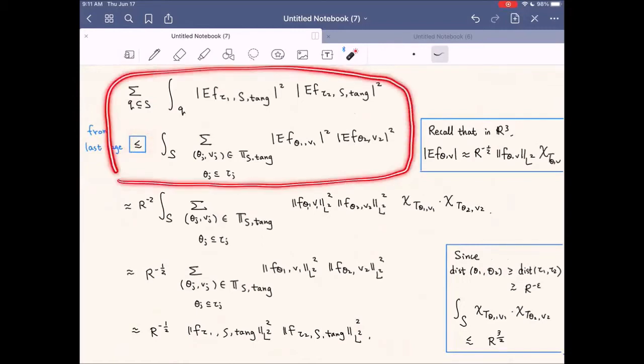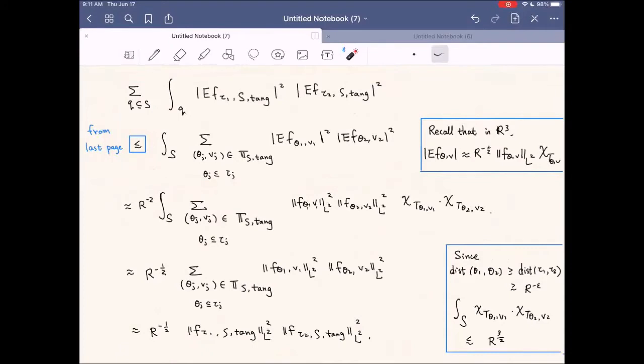From the Cordoba type argument, we have split into sum over wave packets. Now here, recall that in R3, EF theta V is like a weighted tube, like a constant on its essential support, T theta V.